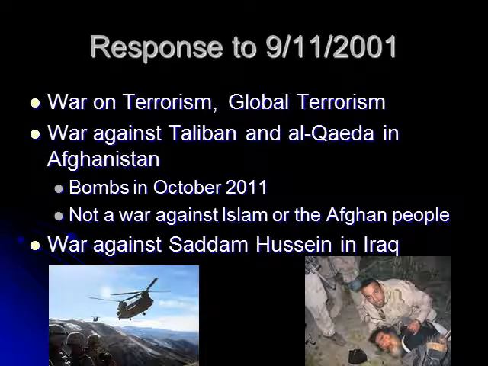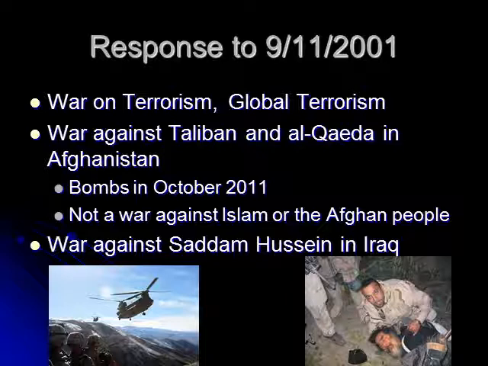The American response to 9/11 was the war on terrorism, the war on global terrorism. In the case of Afghanistan, the war was against the Taliban and Al-Qaeda in Afghanistan early on. We bombed Afghanistan in October of 2001, so within a month of the terrorist attack at World Trade Center.